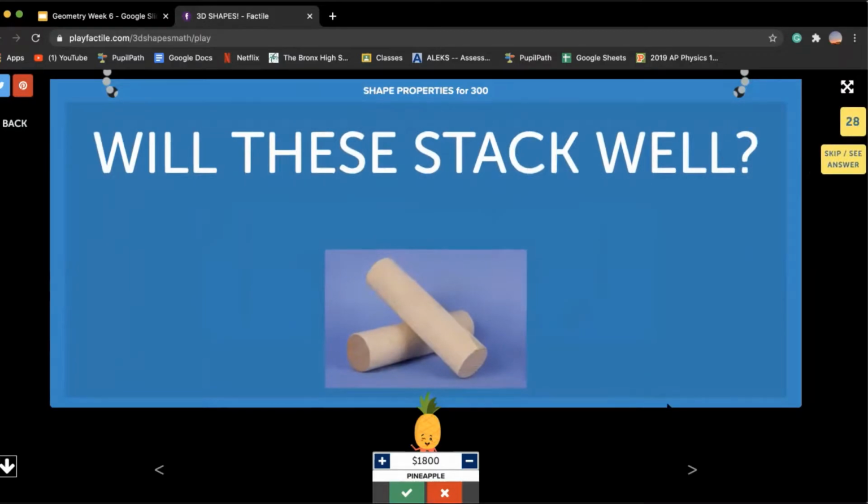Will these stack well? If you stack them on the surfaces, then it will stack well. If you stack them on the circular areas, then it will not. I think you said the opposite. When they stack on the circular base, they will stack well, and if they stack on the rectangular side, it will not stack well because they would roll.